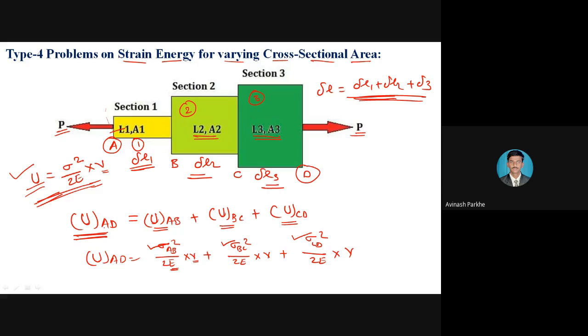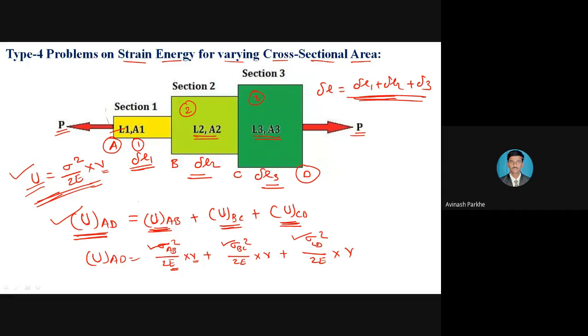Similarly, in this type number 4, we are calculating the total strain energy in the total bar. Here sections 1, 2 and 3 are rigidly connected to each other. So to calculate the total strain energy stored in section AD, I have to add the strain energy stored in sections AB, BC and CD.